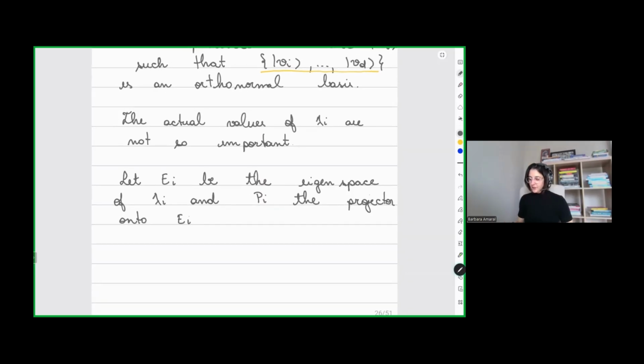Okay. So I know that the A_i, if I take them all together, will span H, the Hilbert space.